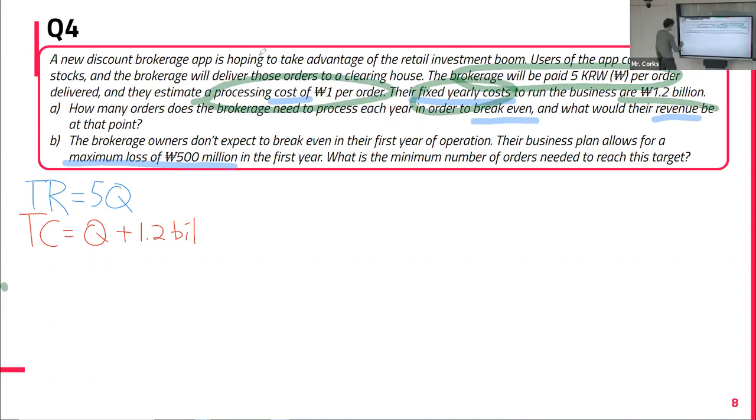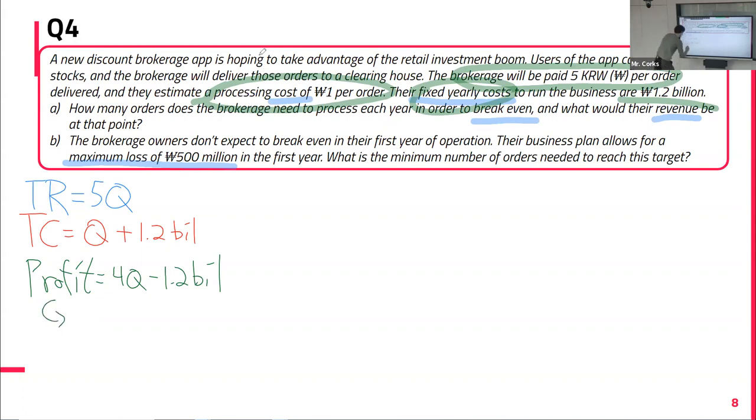Okay, so our profits equation. So profits, which is total revenue minus total cost, which will be 4Q minus 1.2 billion at the break-even points.